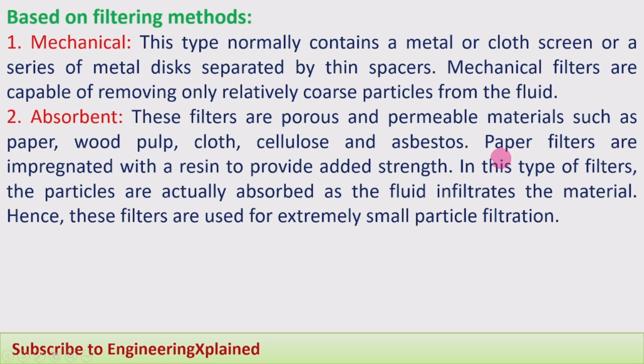In this type of filter, the particles are absorbed as the fluid infiltrates the material. When the fluid passes through the filtering material, the particles are absorbed. Hence, these filters are used for extremely small particle filtration.